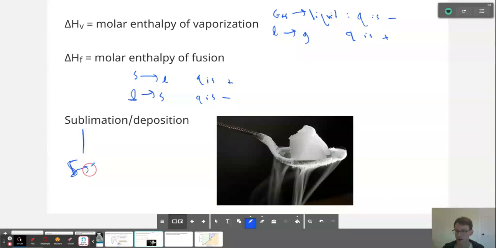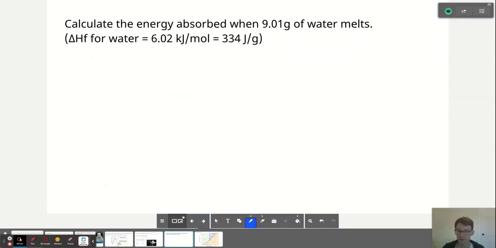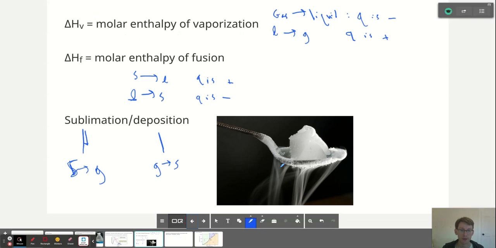Deposition is when we have gas going to solid directly. So dry ice just evaporates straight from the solid phase, and it could go in the opposite direction too.